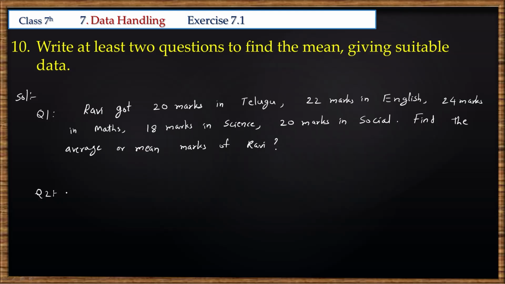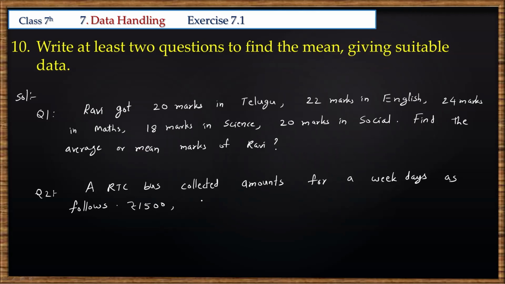We can prepare another question like this. An RTC bus collected amounts for a week as follows: 1500 rupees, 2000 rupees, 1800 rupees, 1900 rupees, 1700 rupees, 1500 rupees, 2100 rupees.